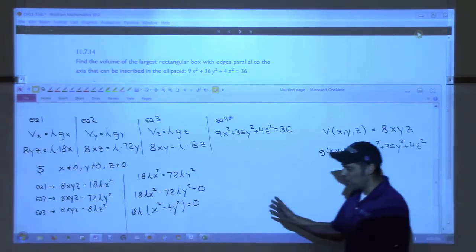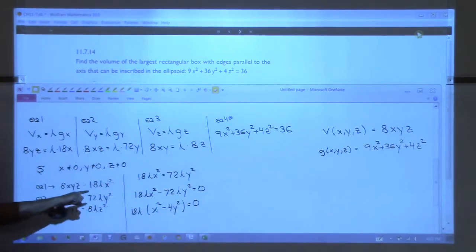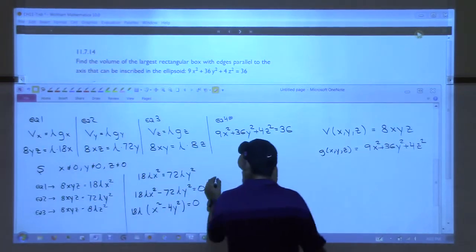Now, I'm not going to go through the work because I think we've gone through enough of these. I would have to suppose lambda is 0. Lambda can't be 0 because if lambda is 0, that would force one of those to be 0, and if one of those is 0, then our volume is going to be 0, right? Okay.